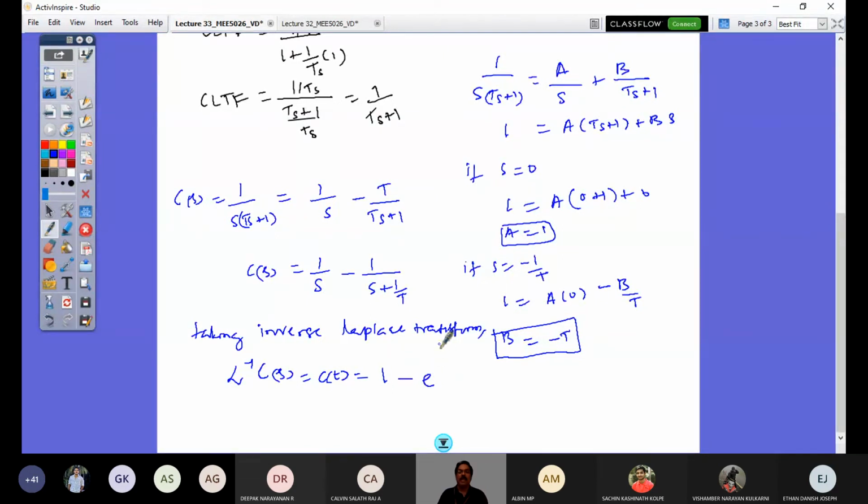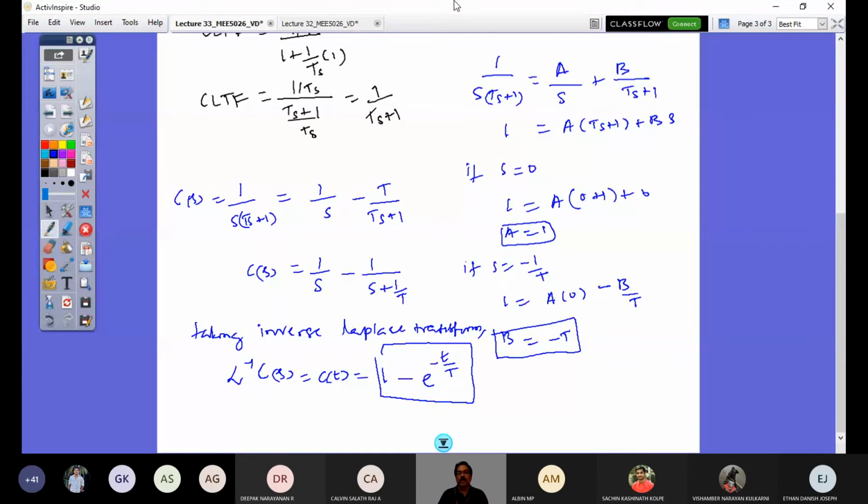Minus a here is 1 by t, so it is e raised to minus t by t. So this is my output response: c of t equals 1 minus e raised to minus t by t, for all values of t greater than or equal to 0.